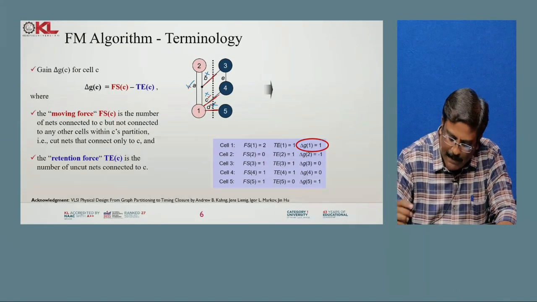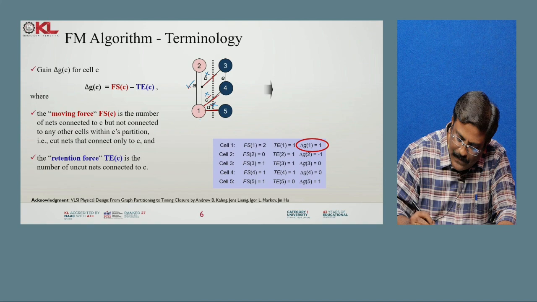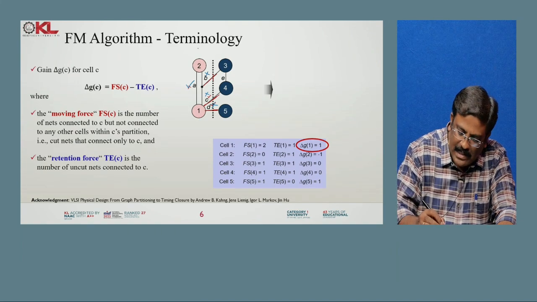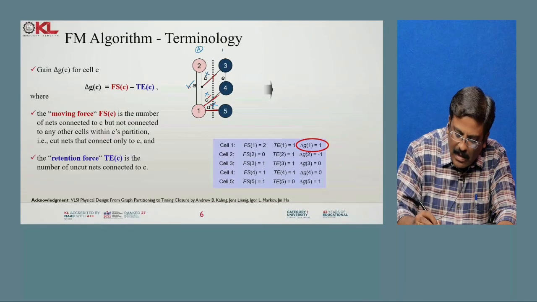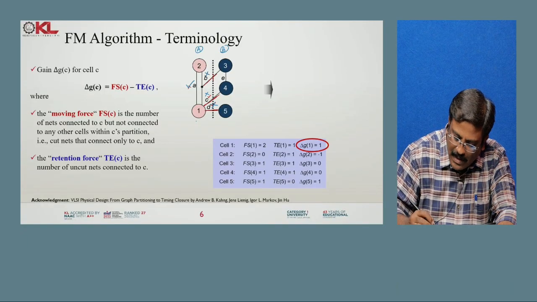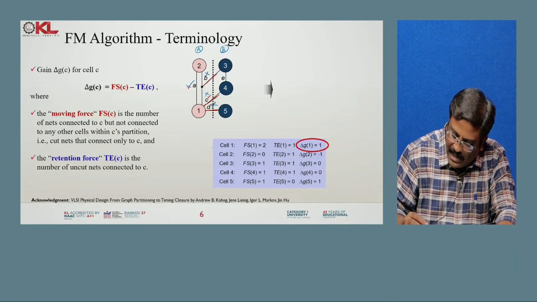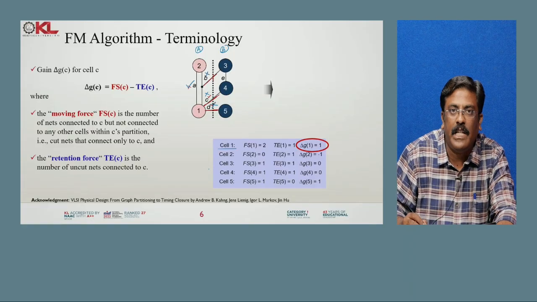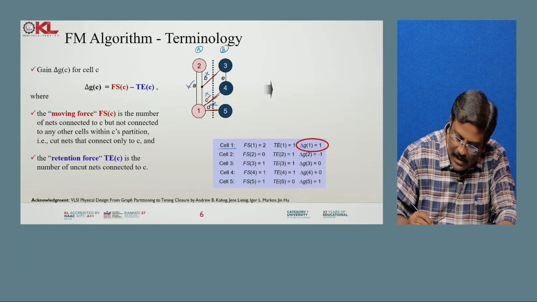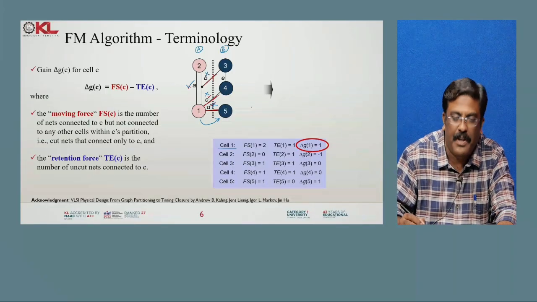What is the meaning? Cell 1 is moving from the partition where it exists to the other partition. Let's say this is partition A and this is partition B. Cell 1 is in partition A, and after estimating the del G value, cell 1 has eligibility to make a move. So let me assume that cell 1 moves from this partition to the other partition.